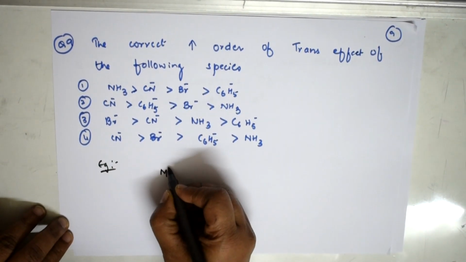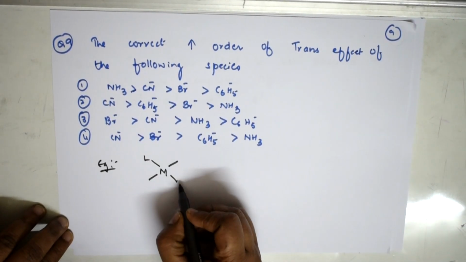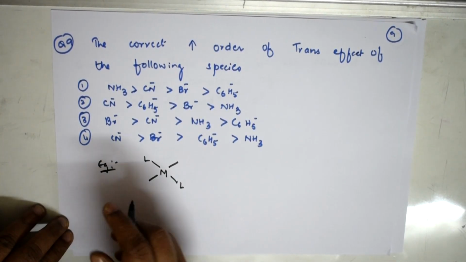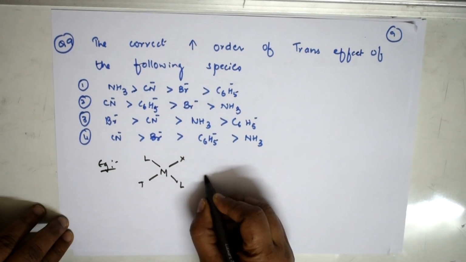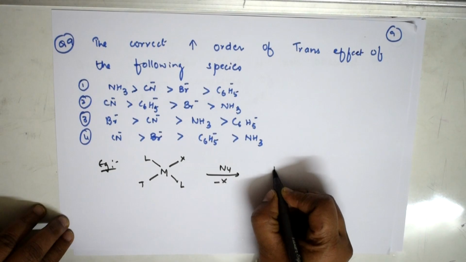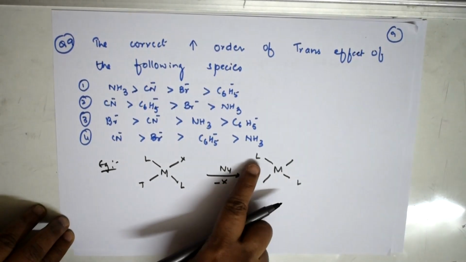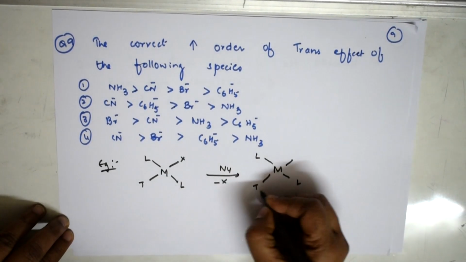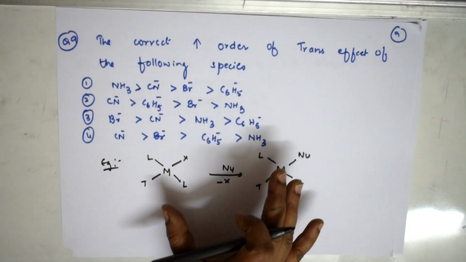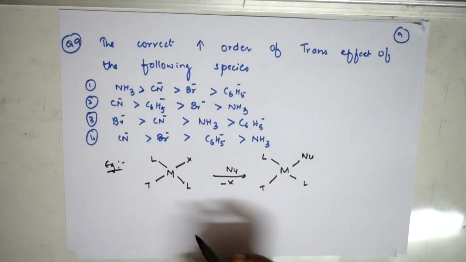So this is your metal. You have ligands basically on all the 4 sides. Now this ligand is in trans, means both are in trans positions, right? Next, I'm introducing one nucleophile, where I'm taking out minus X, and again both ligands are in trans positions. This is T, and this nucleophile replaces X. I'm getting Nu. So basically, we are talking in terms of square planar complexes. Now, what is trans effect?